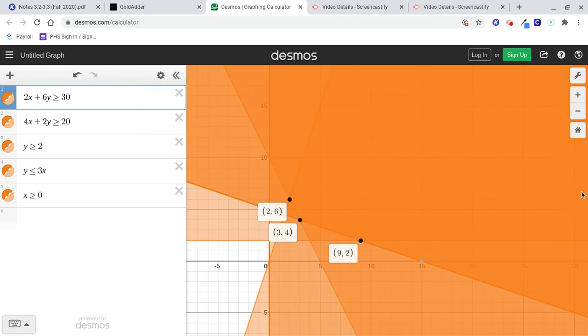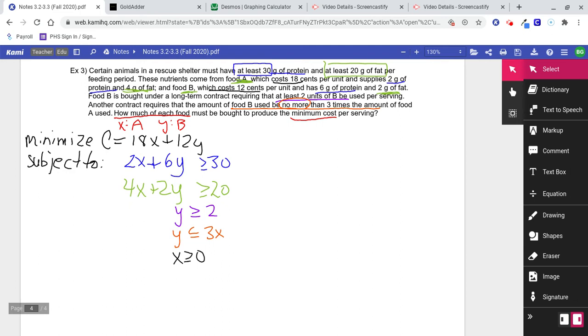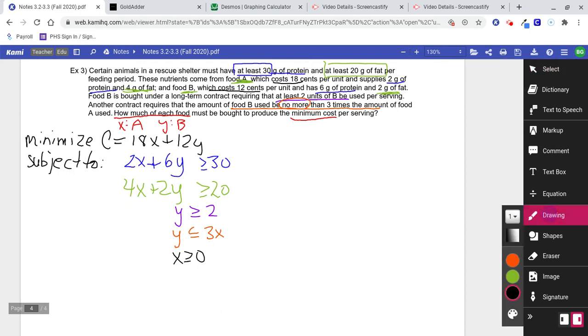Notice how it would keep going on and on and on forever off the page, off the screen or whatever. It's not a nice little bounded quadrilateral. It's this unbounded and infinite space, okay? So let's draw that in. I'm just going to do kind of a quick sketch. Got this and this and this and this. Okay. So only really need the first quadrant. And let's see what that looked like.